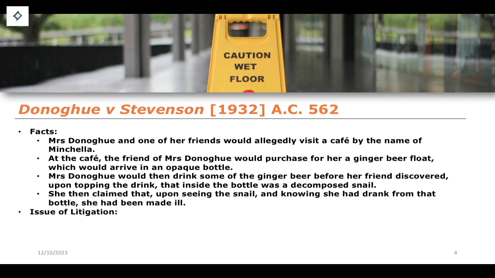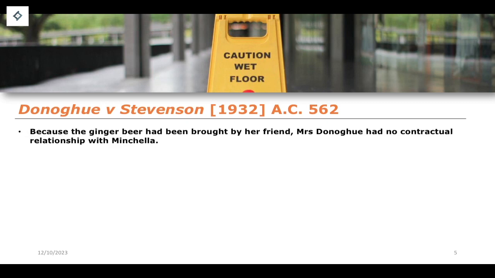The issue for litigation in this case was who could Mrs. Donahue sue? Because if we think about the limited duty of care that existed previously within contractual relationships, well, Mrs. Donahue didn't have any contractual relationship with Minchella, with the people who ran the cafe, because the bottle was bought by her friend, not Mrs. Donahue.